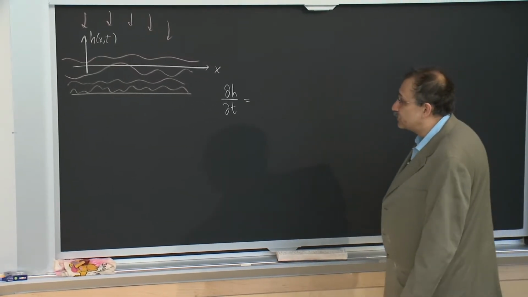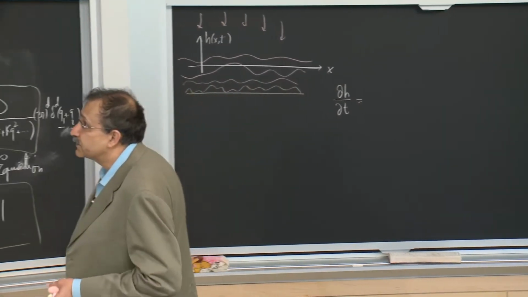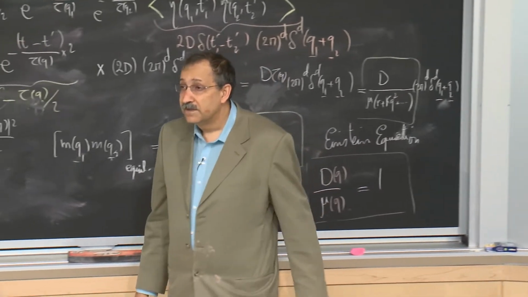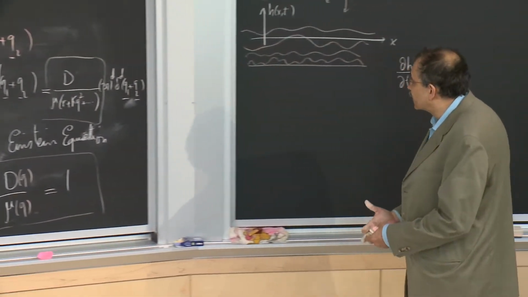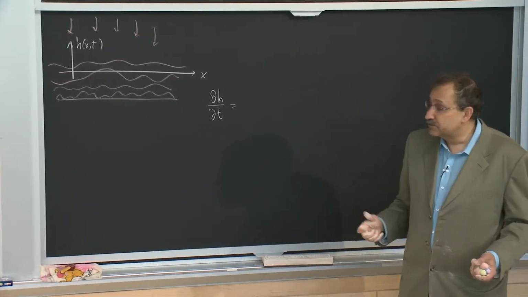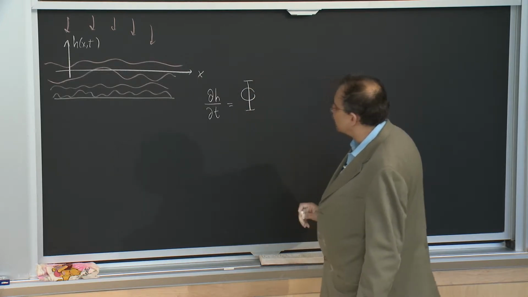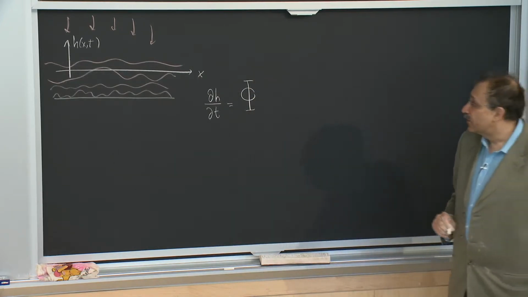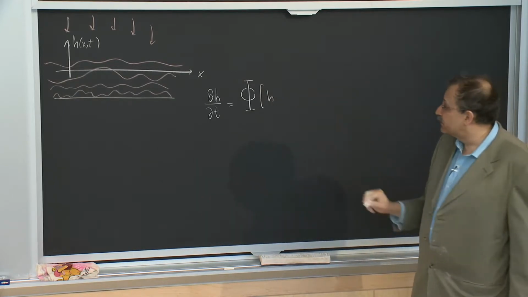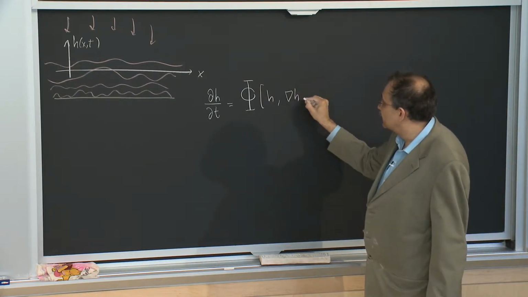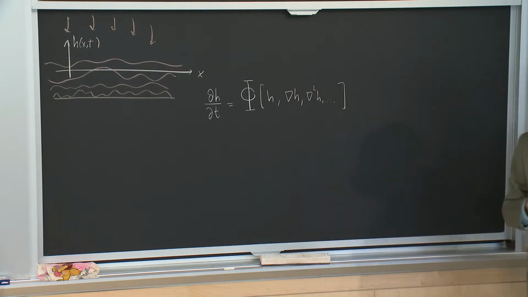Now, I'm going to follow the same kind of reasoning that we did in the construction of this Landau-Ginzburg model. Is we said that, well, this weight is going to depend on all kinds of things that relate to this height that I don't quite know. So let's imagine that there is some kind of a function of the height itself, and potentially just like we did over there, the gradient of the height, higher derivatives of the height, etc. Okay?